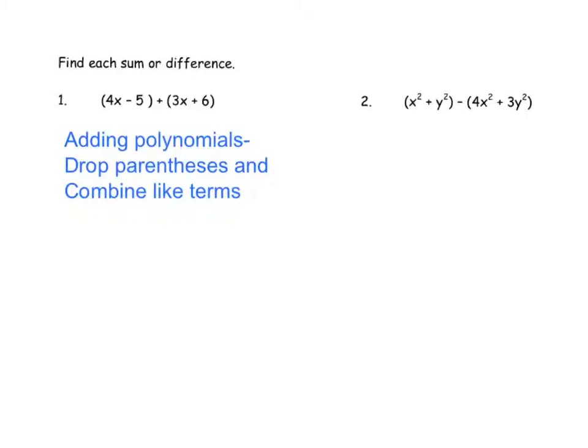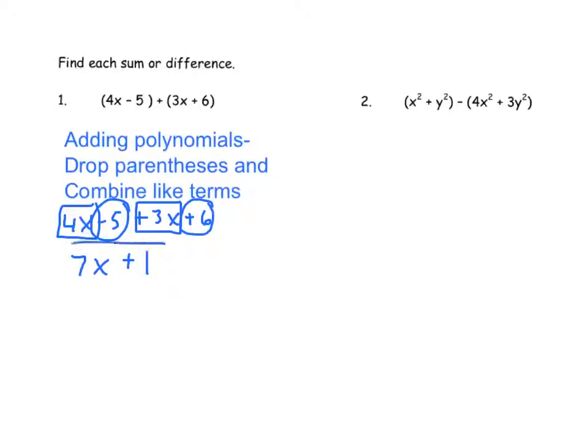So all you're going to do is drop the parentheses and then combine like terms. So you have 4x plus 3x, that makes 7x, and then a -5 plus 6 is +1. So this would be your answer.